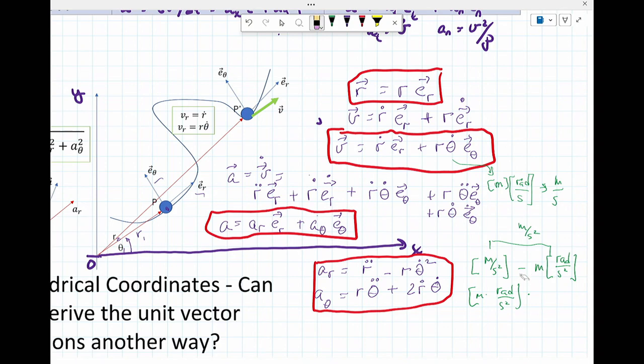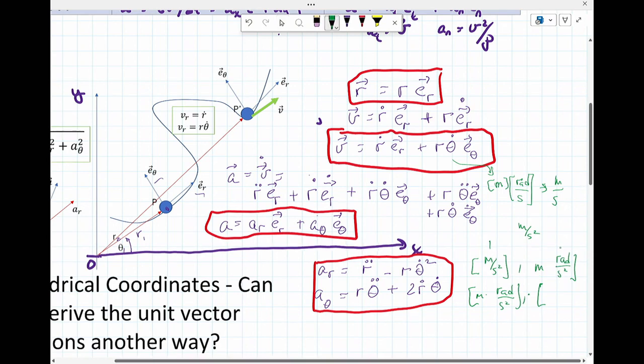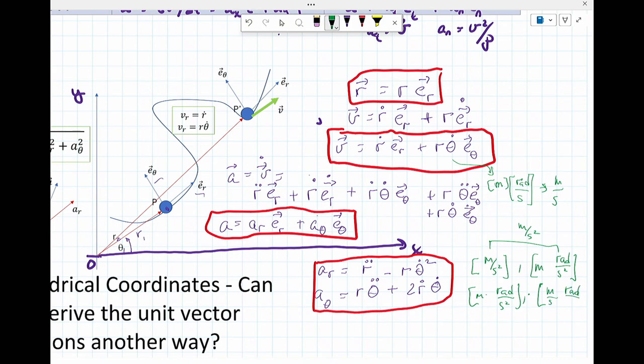And I actually don't want to put the operation in here. I'm just going to do this, meters per second, rads per second. So in all of these cases, I can check the units, and I should check the units to make sure that what I'm going to get out of this is an acceleration. So meters per second squared, meters per second squared. Both of those make sense. They sort of follow up. Okay.